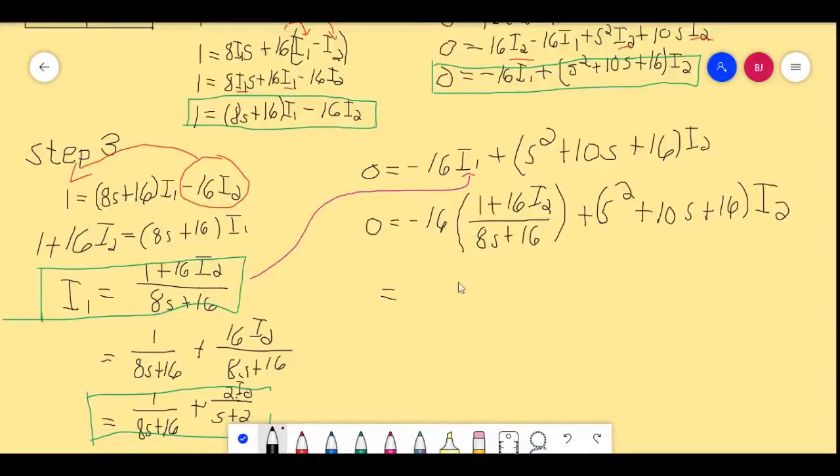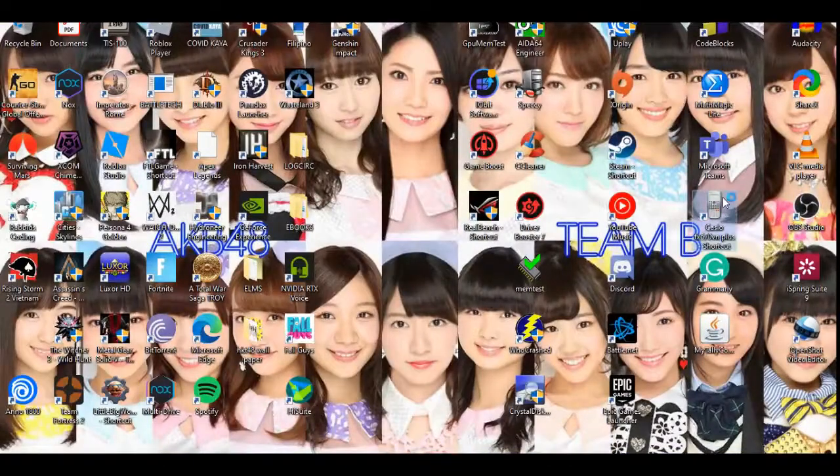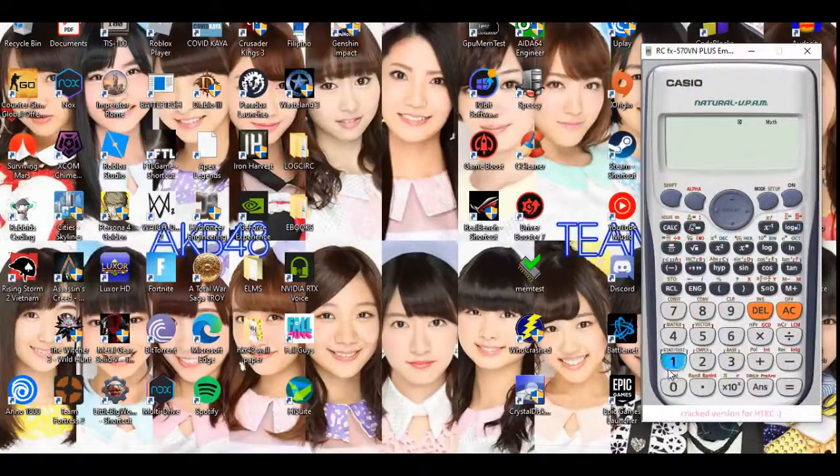So this would become negative 16 minus 16 squared. That would become... let me go ahead and check that. Just a moment. Where's my calculator? 16 times 16... yeah, 256.